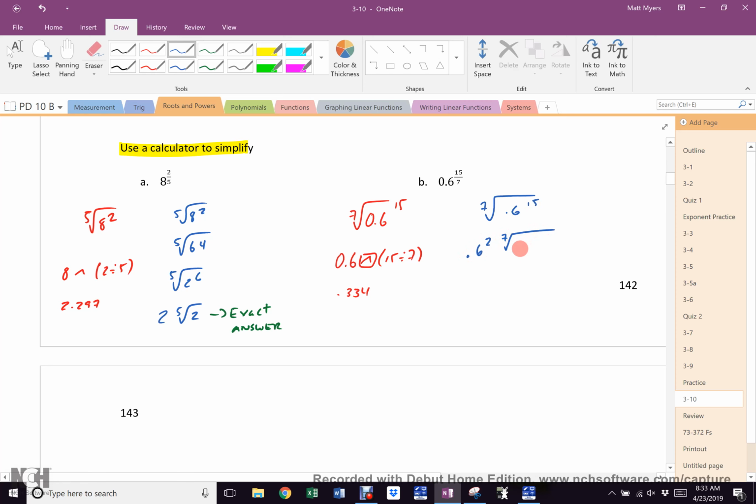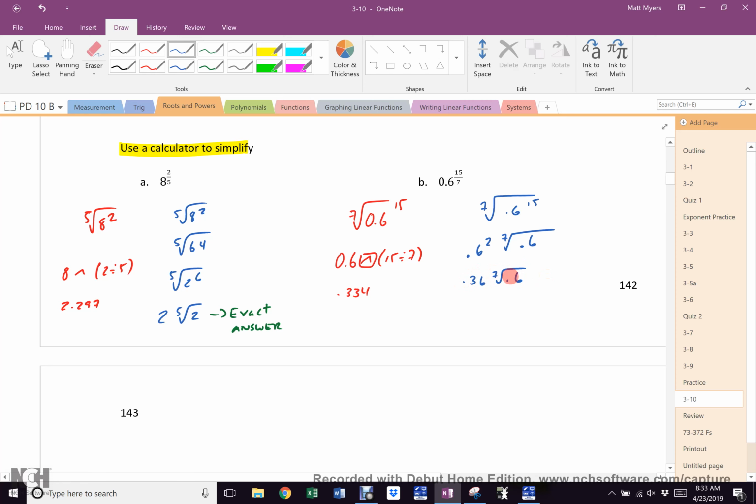What did I leave under there? Yeah, I know what you're saying, Nick. 0.6. 0.6 squared is 0.36, yes? 0.36, 7th root, 0.6. And there's our exact answer.